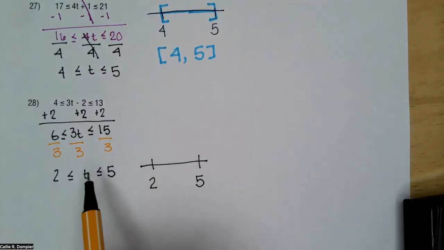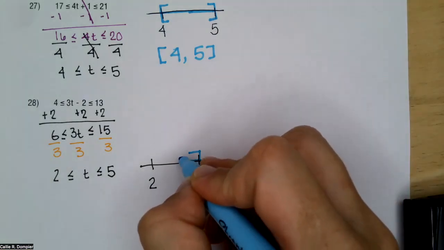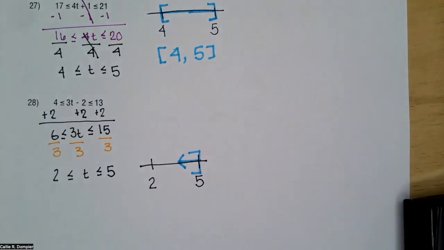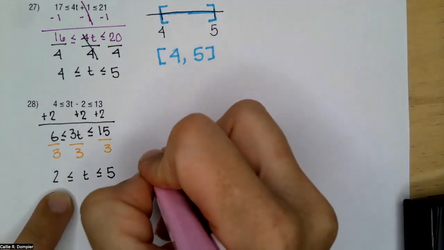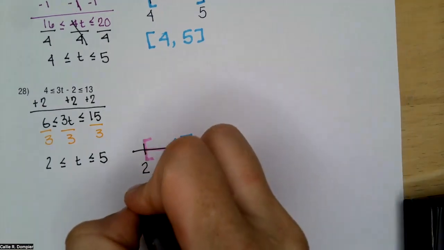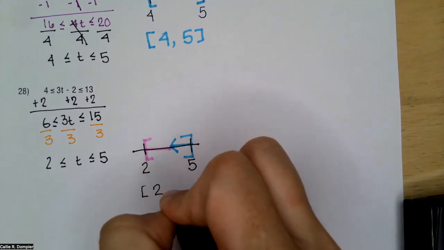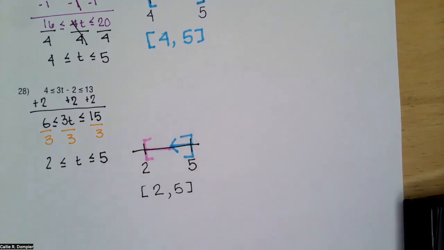T is less than or equal to 5. The equal to means it's a bracket, and the less than means it's going to the left, or in the negative direction. T is greater than or equal to 2. Interval notation: bracket 2, comma, 5, close the bracket.